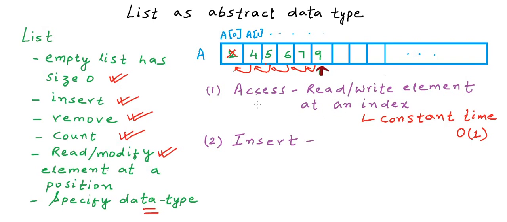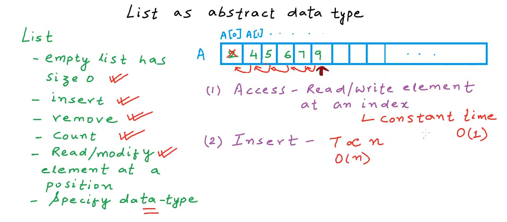But if we insert an element at a particular position in the list, then we will have to shift elements towards higher indices. In the worst case, we will have to shift all the elements to the right when we are inserting at the first position. So the time taken for insertion will be proportional to the length of the list. Let's say the length of the list is n, or in other words, insertion will be big O of n in terms of time complexity.